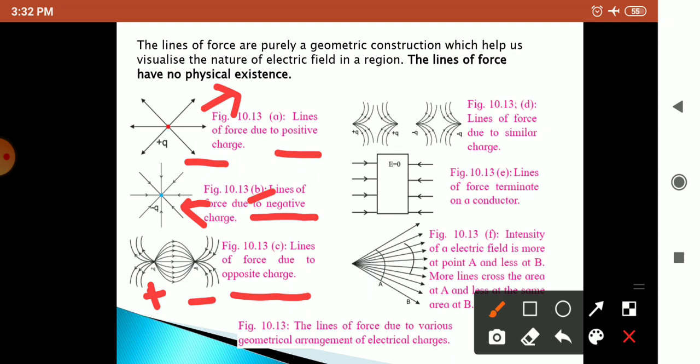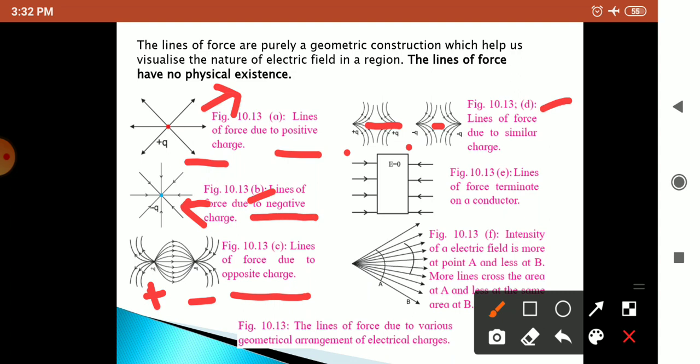Then in D, lines of force due to similar charges, positive positive, they will repel each other at that point. Then negative negative, at the center, they will repel each other.